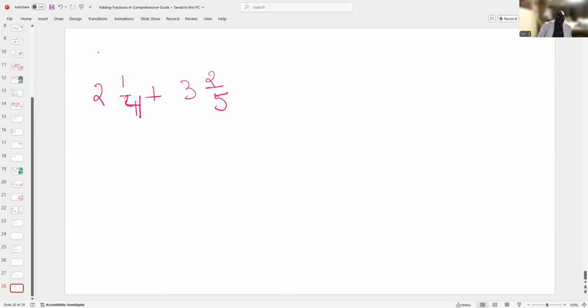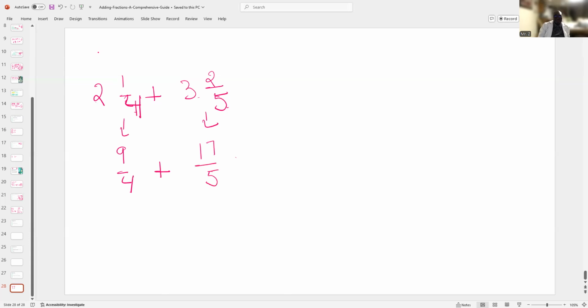Same concept. You can convert that quickly. Make this mixed number an improper fraction. 4 times 2, 8, plus 1, 9. I got 9/4 plus 5 times 3, 15, plus 2, 17/5.